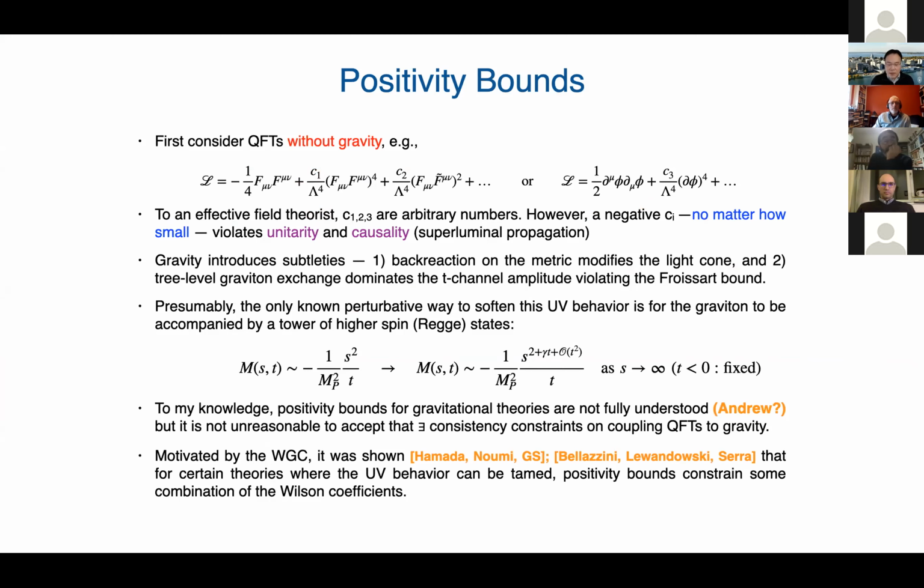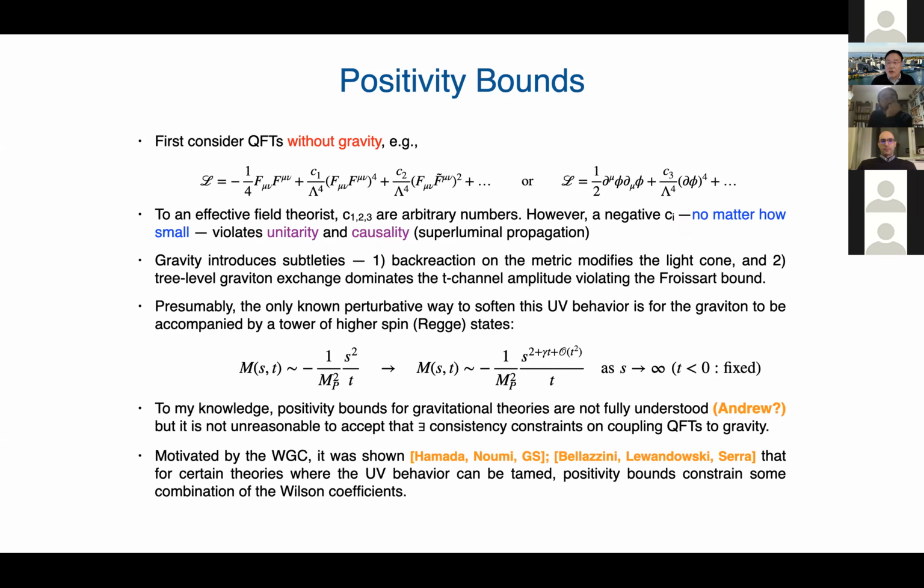They are parameterized by some Wilson coefficients C. Now, to an effective field theorist, these Wilson coefficients are arbitrary numbers. However, a negative coefficient, no matter how small, would violate unitarity and causality. Now, I have seen people arguing that if a theory is perturbed by some small parameter, the EFT ought to be under control. This is an example where an arbitrarily small parameter can drastically change the quality of the theory.